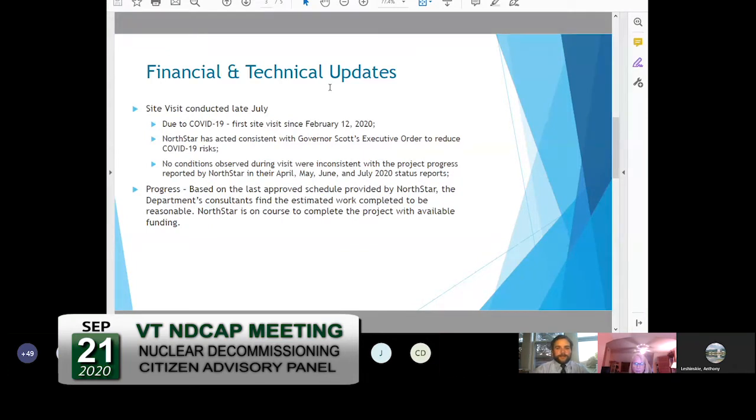And within the site visit report, NorthStar has acted consistent with Governor Scott's executive order to reduce COVID-19 risks. Based on the financial documents the department has received to date and the latest approved schedule by NorthStar for decommissioning of the project, the department and its consultants find that the estimated work completed is reasonable with available financial resources and is on course to complete the project.